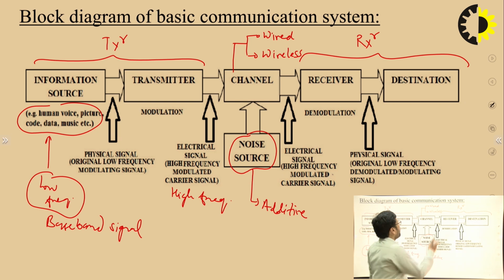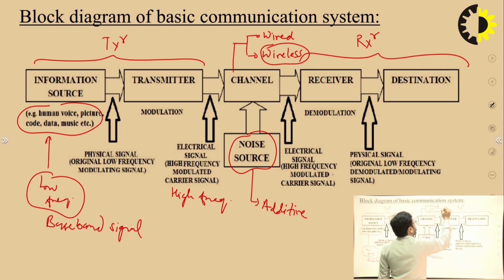So to have a wireless channel, we have to place the antenna at the transmitter side and the receiver side as well. So for wireless communication, we need to have the antenna, right?